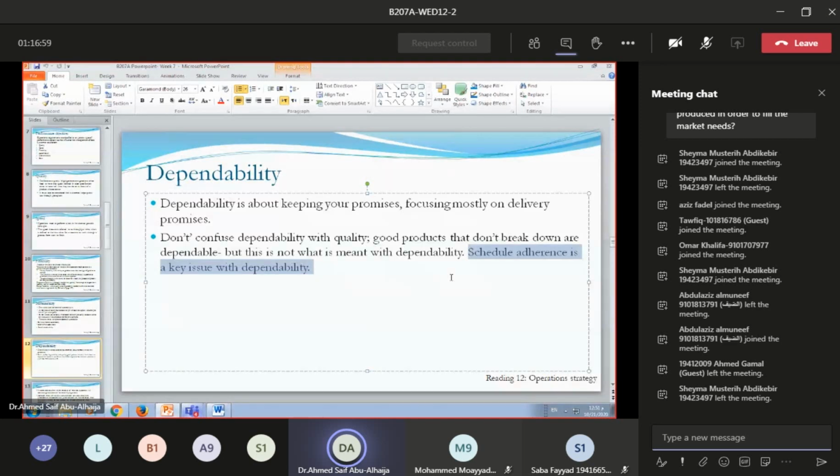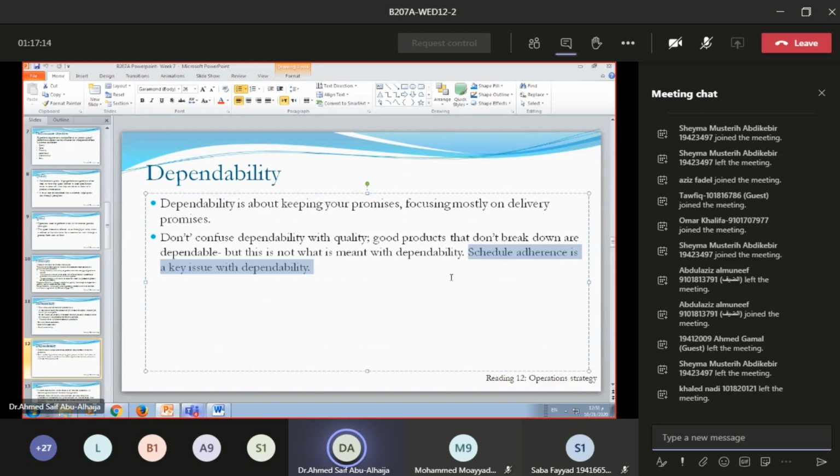Anyway, so this is dependability. So it's about keeping your promise. That each company will make some promise. They say, I promise you, if you use my product, you will lose weight. Okay, if I used your product and I did not lose weight, is it good? No, it's not good, right? You are not dependable.